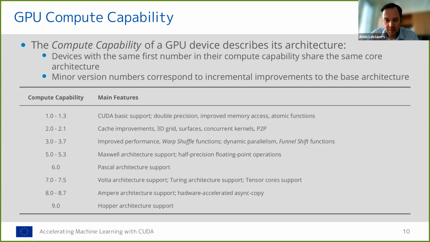The newest technological generation, published 2 months ago, is Hopper, the NVIDIA CUDA Hopper architecture, and the corresponding compute capability major number is 9. When we provide the compute capability number in the compiling parameters, we are defining for which architecture the developed software application should work. If we provide compute capability 9.0 as the compiler parameter, that means the software will work only on Hopper architecture cards, not on older cards.